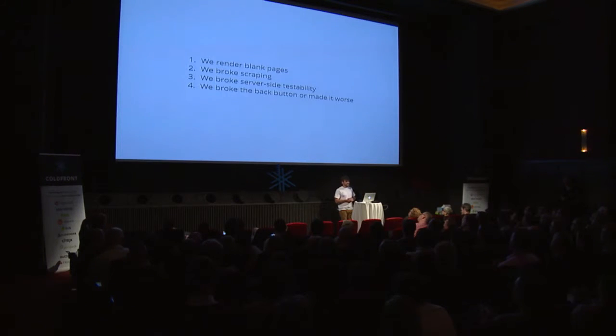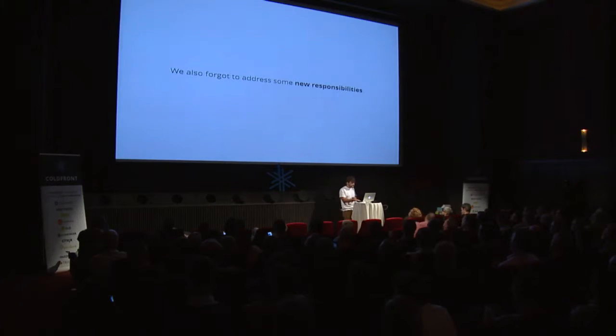And in a lot of cases, just as another example, we broke the back button really badly. The browsers came with a really simple model by which history worked, and in the transition to single-page JavaScript applications, we broke it. And also, once we switched to this new model where all the interaction and all the behavior of the page or the application is driven by JavaScript, some new opportunities and responsibilities came up that we missed.